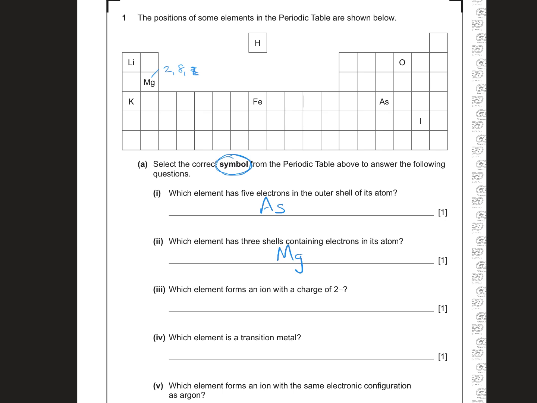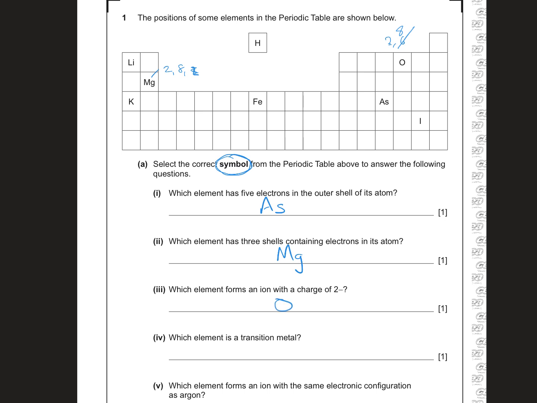Whereas over in group 6, if we take oxygen as the example, 2, 6, to obtain a full outer shell, that would be gaining 2 electrons to become 2, 8. And you're adding 2 negatives onto a neutral atom. So then that would become 2-. So the element which forms an ion with a 2- charge is oxygen.